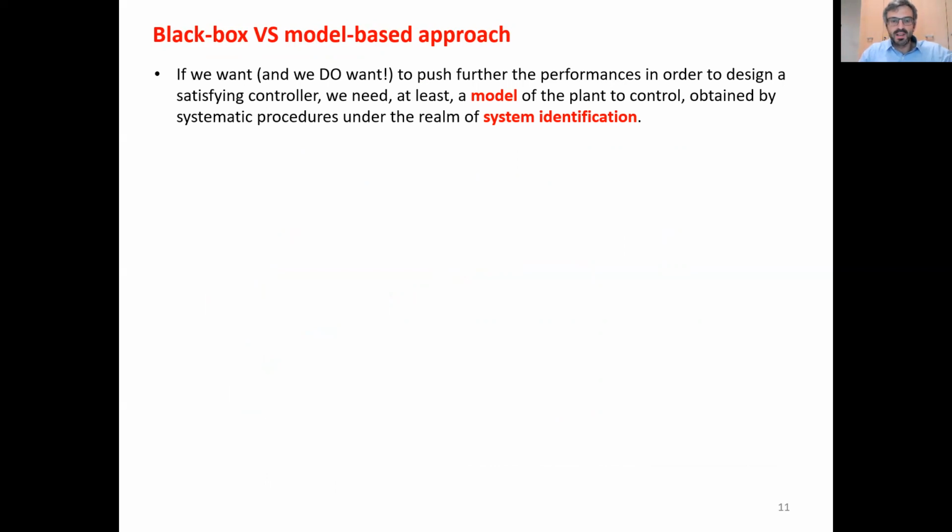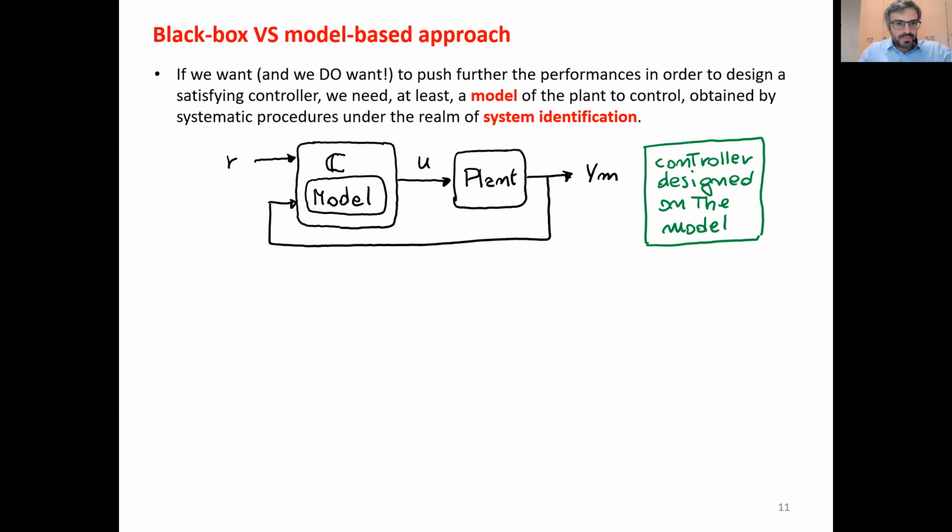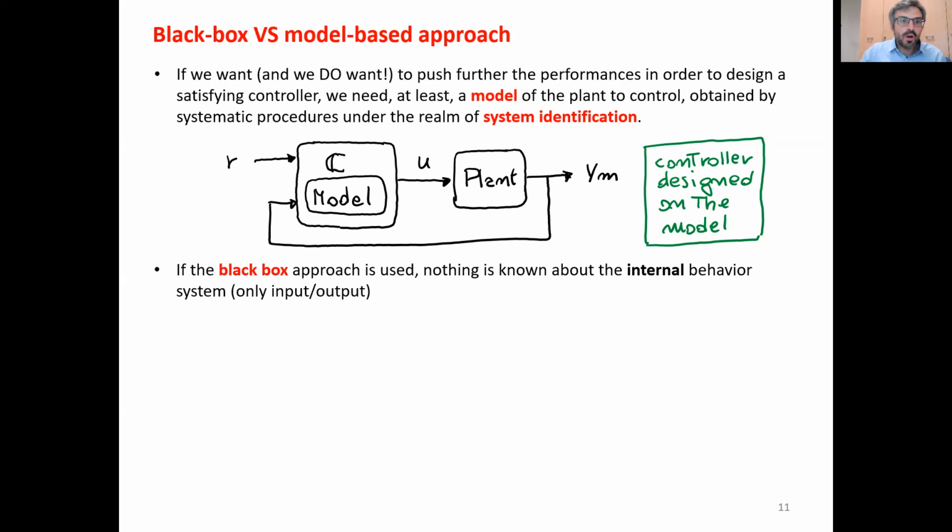It's a whole branch of engineering that does only that. In general, we can design the controller on the model or not, or we can use a black box approach where nothing is known about the internal behavior of the system, and we look only at the input output.